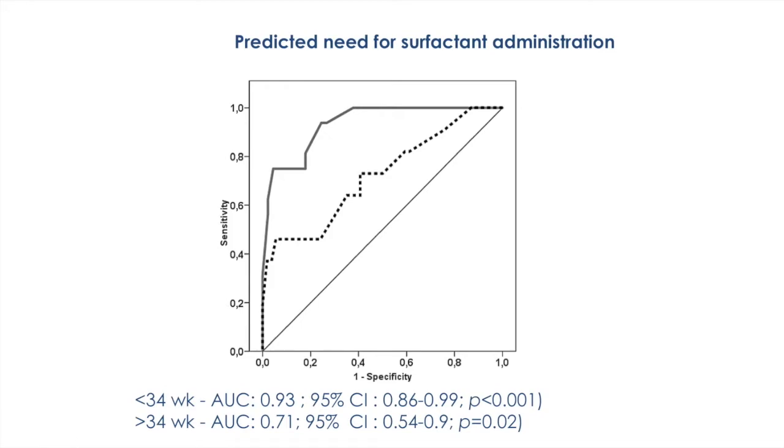Regarding surfactant administration, lung ultrasound predicted well the need for surfactant in the cohort of less than 34 weeks. So near term, the predictive value of lung ultrasound to predict the need for surfactant administration is not really good.